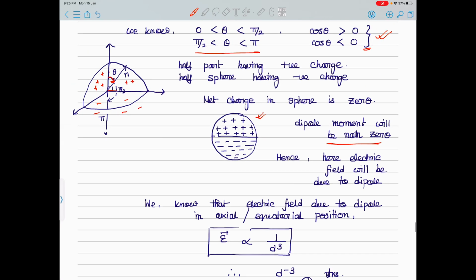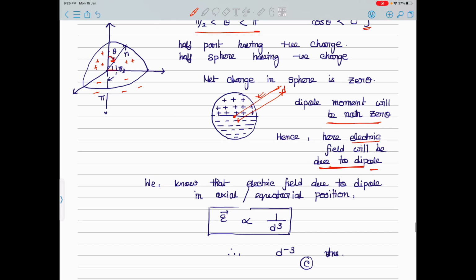So the net dipole moment is non-zero, in the k cap direction there is a finite dipole moment. Then the electric field at some distance d will be due to the dipole, because the dipole moment is non-zero.